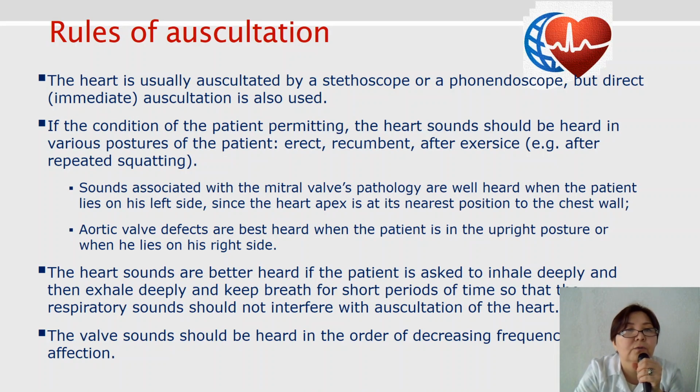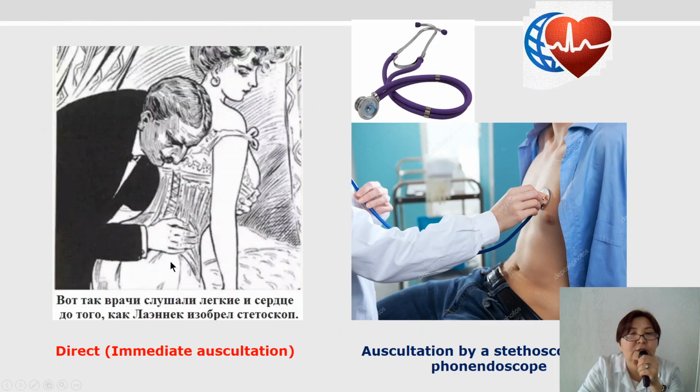Rules of auscultation. After percussion, we make an auscultation of the heart. The heart is usually auscultated by a stethoscope or a phonendoscope, but direct or immediate auscultation is also used, as you see in this picture.